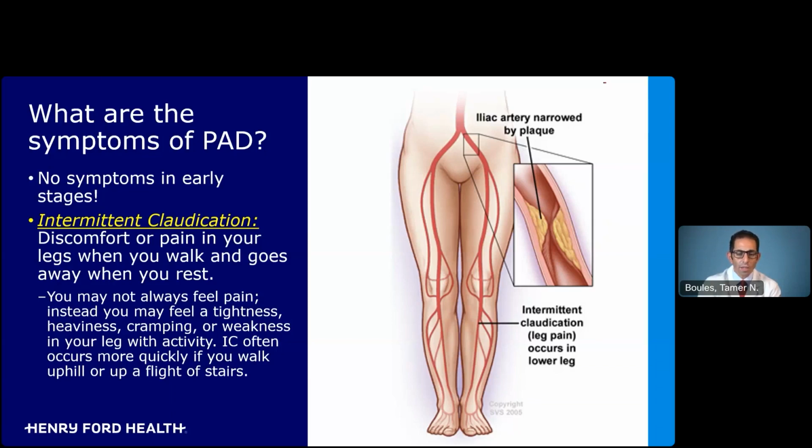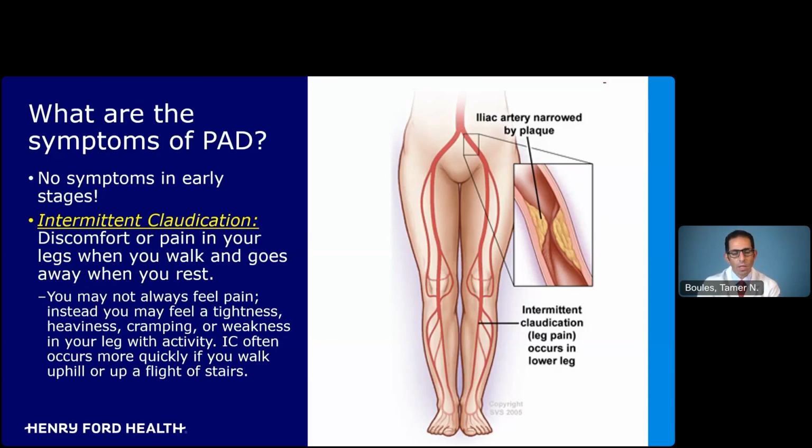One of the earliest symptoms is one called intermittent claudication, and that specifically refers to some form of discomfort or pain or heaviness that you note in your legs when you walk. That gets better when you rest.